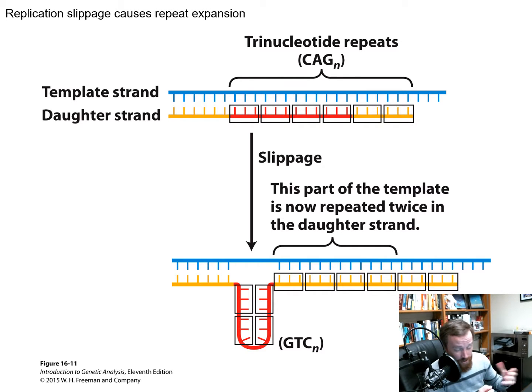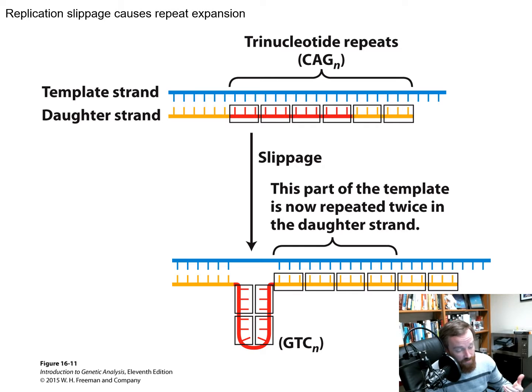The reason that different individuals have different numbers of these repeats is because of this repetitive sequence, just like we saw previously. Similar to how we get those indels, insertions or deletions, those bubbles that form during the replication process, we can also have this happen with these nucleotide repeats.